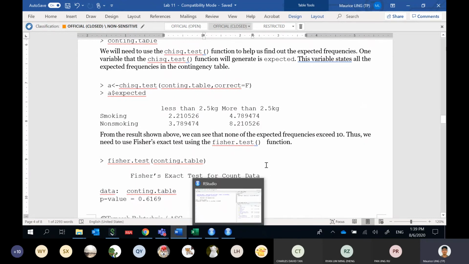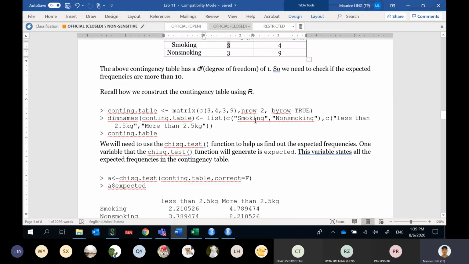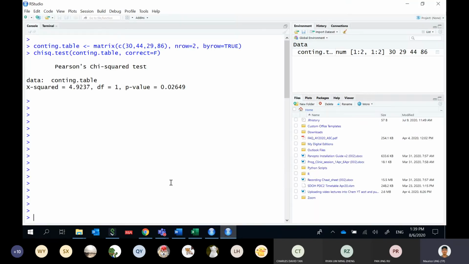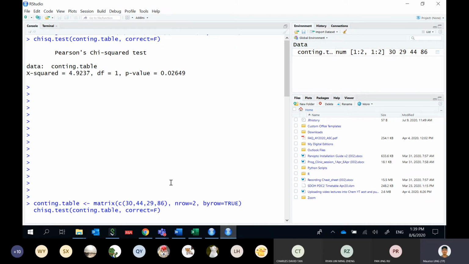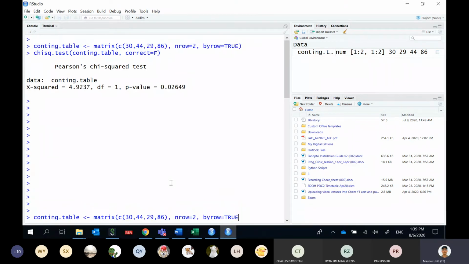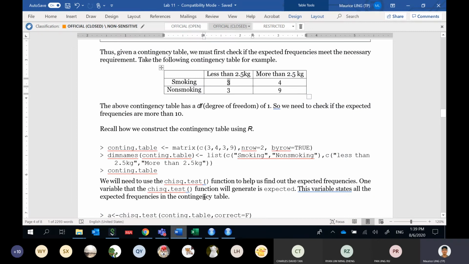So for example, let's do this. We say that this is 3, 4, 3, 9. So our contingency table is 3, 4, 3, 9, which actually matches this up.